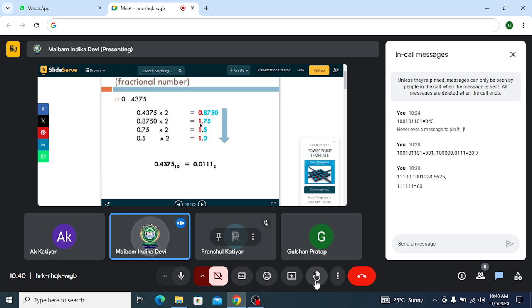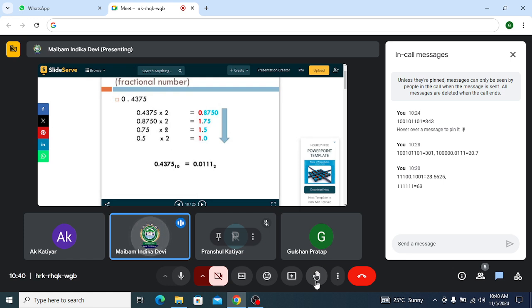So you leave out the whole part. The remaining fractional part is 0.75. You are not taking this 1. Clear? So this 0 and this 0 are not the same. Only the fractional part you are taking. The zeros you are putting out here are just for notation.